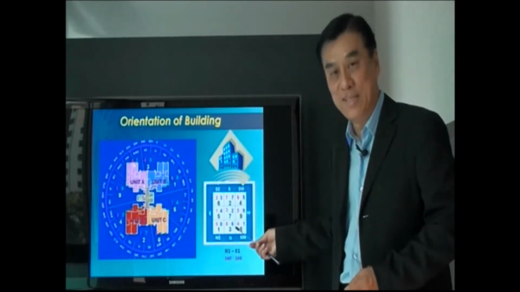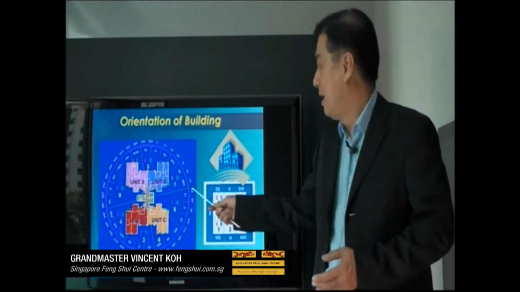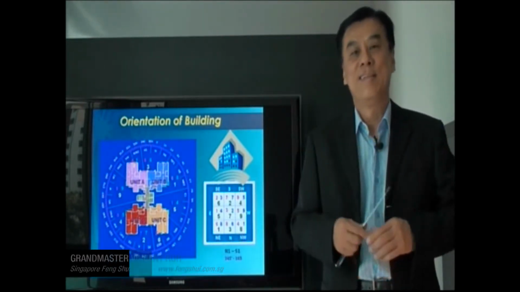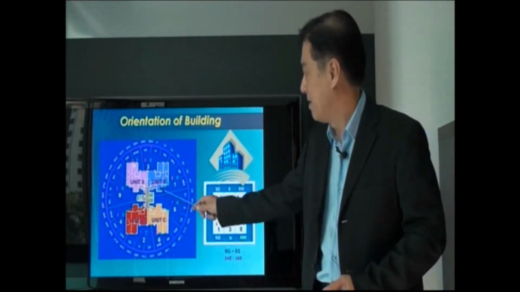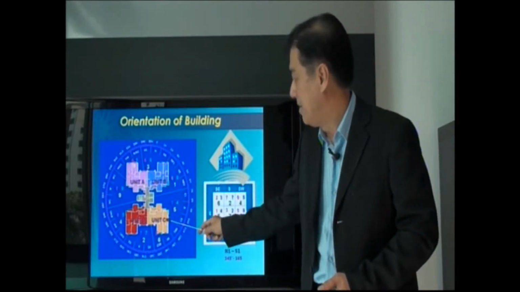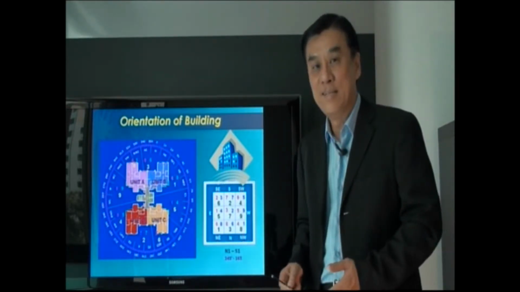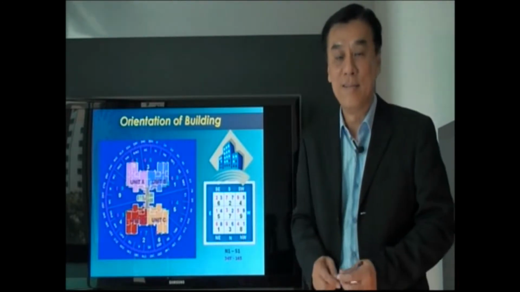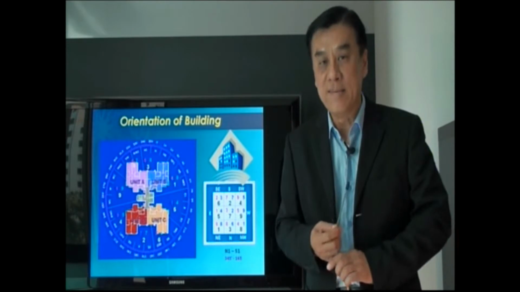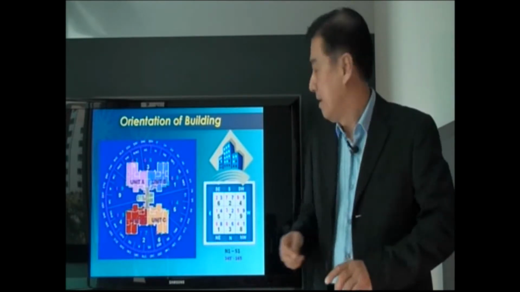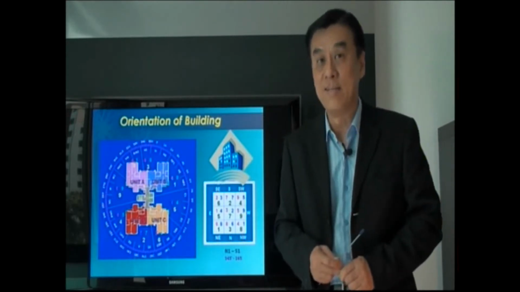Let's look at the example here. Assuming our client wants us to select a unit in the building here, right? There are 4 units. You can see here A, B, C, and D. And the client may ask you which unit has good feng shui. So based on this facing and the age of the house, in this case, let's assume that this is the age of the 7th house, right?